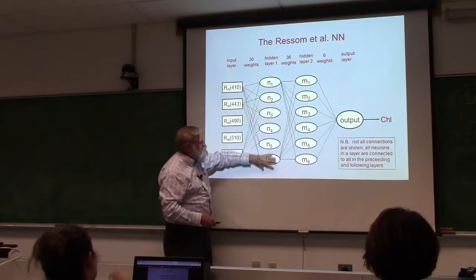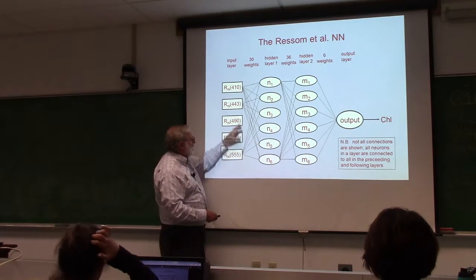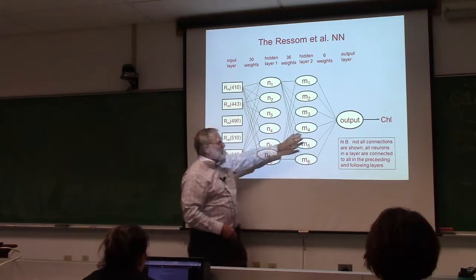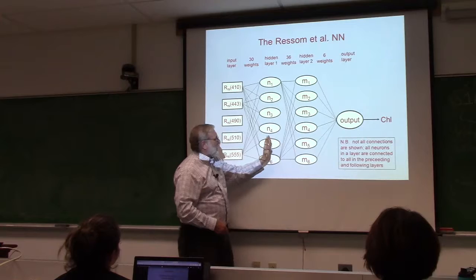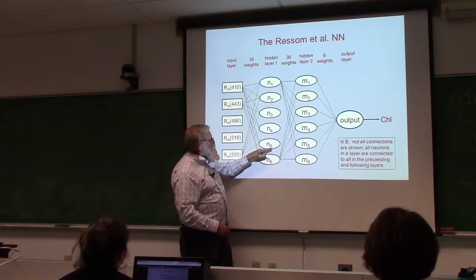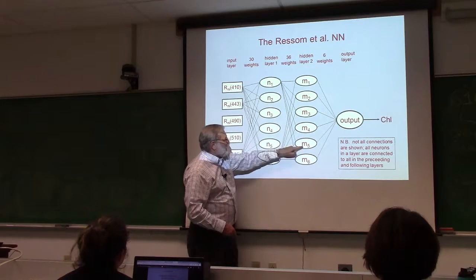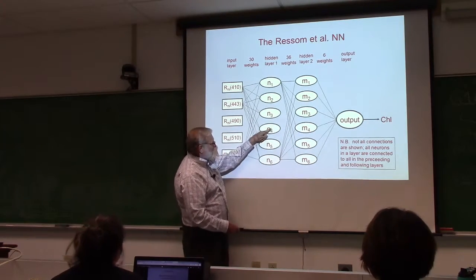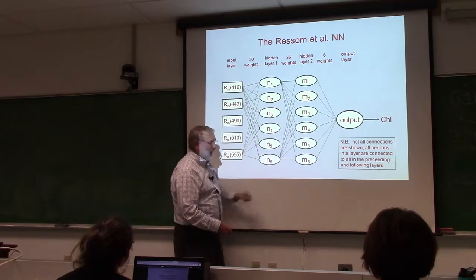If there was just 1 layer of 12, then these would connect to all of these, and all of these would connect to the output, but you wouldn't have the ability for this neuron to in some way influence each of these. These guys would be down here, and this guy couldn't influence the one down here.